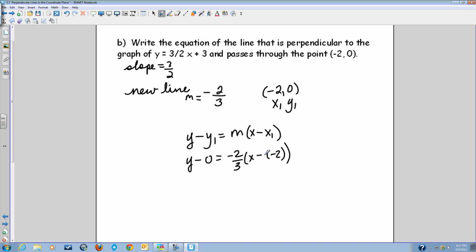The two negatives together become positives, and y minus 0 on the left is just y. Now we're going to use the distributive property to get rid of the parentheses. So we have y equals -2/3 x minus 4/3. And there is the equation of our new line.